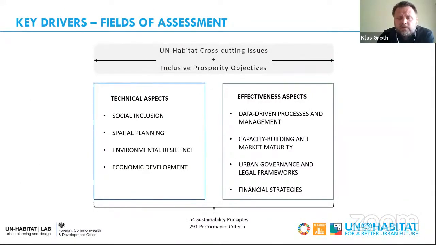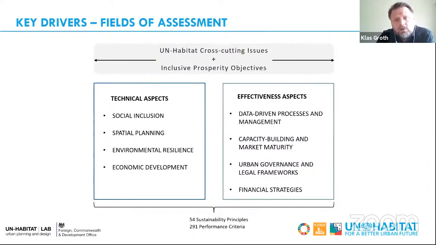So the tool itself, in view of the Sustainable Development Goals, was framed building upon two blocks of what we call key drivers. Drivers that will help create and spur change and transformative impact, if you will. On the one hand, we have technical aspects, including social inclusion, spatial planning, environmental resilience, and economic development.